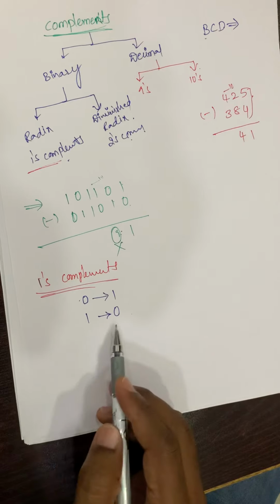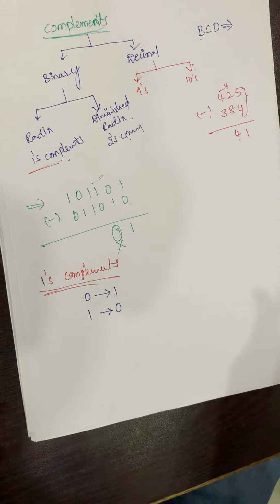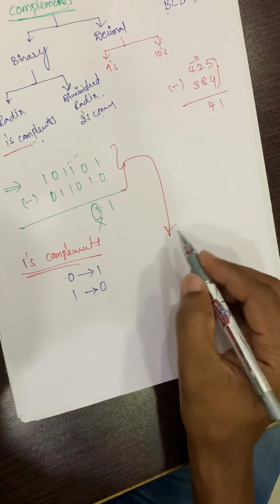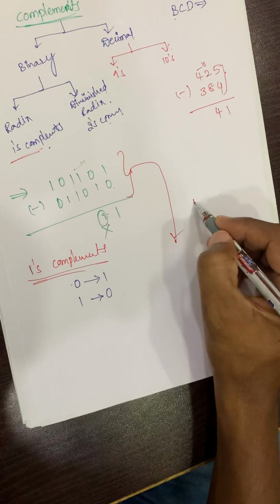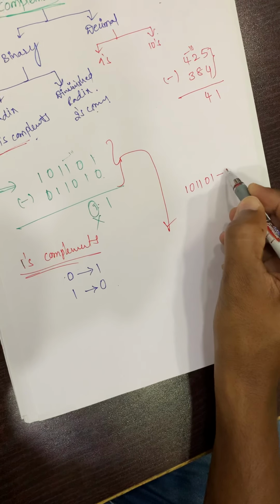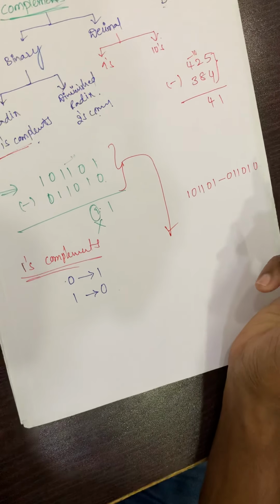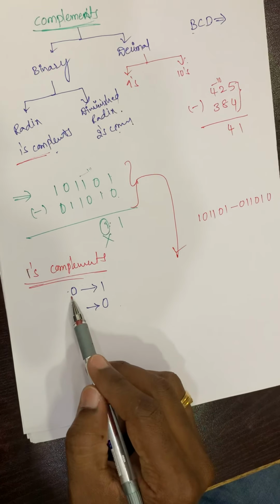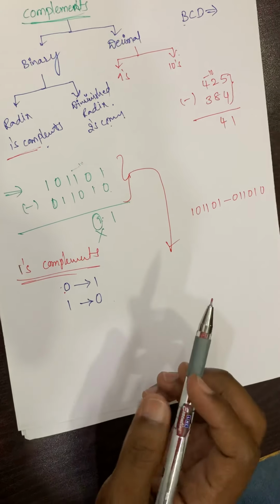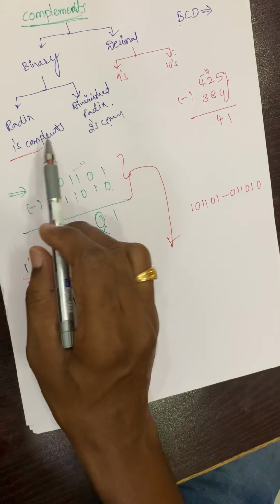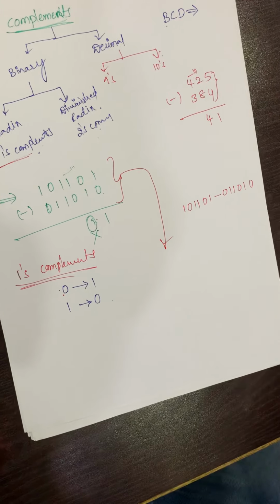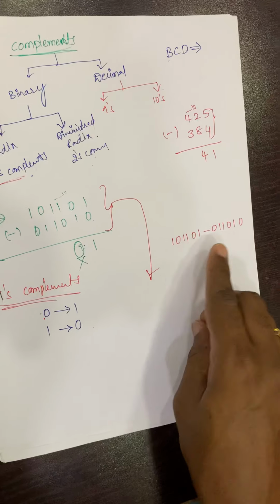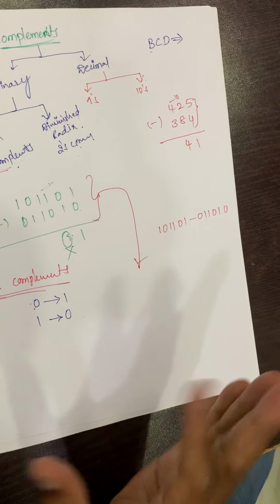The given numbers to subtract using the one's complement are 1 0 1 1 0 1 minus 0 1 1 0 1 0. Always remember, the complement is applied to the negative number only.